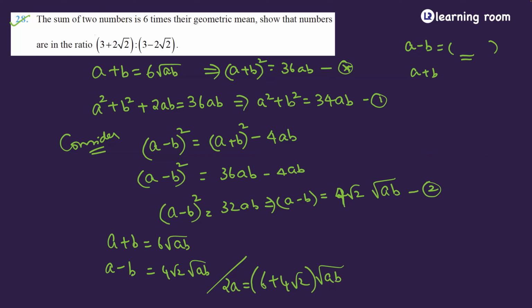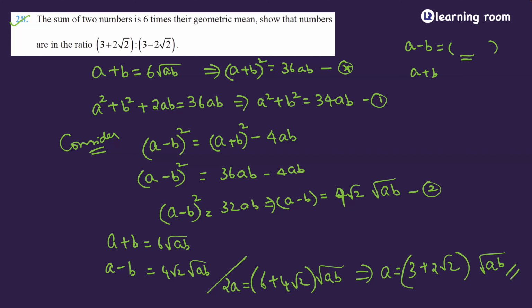Am I clear with this? Then how much is A? A will be equal to 3 plus 2 root 2 times root AB. Did you get it? This is the first part of the ratio, 3 plus 2 root 2.